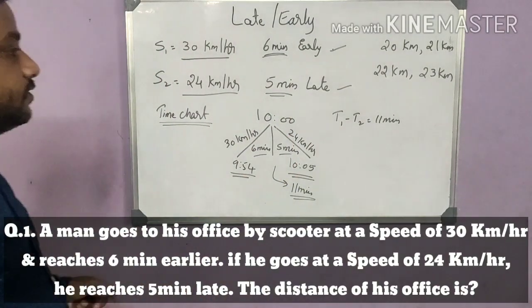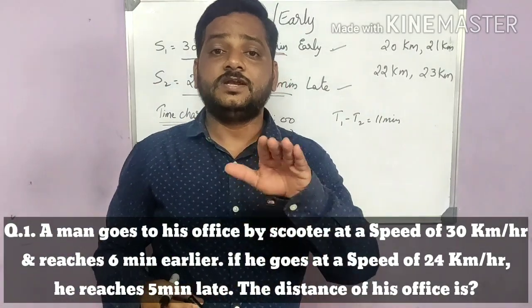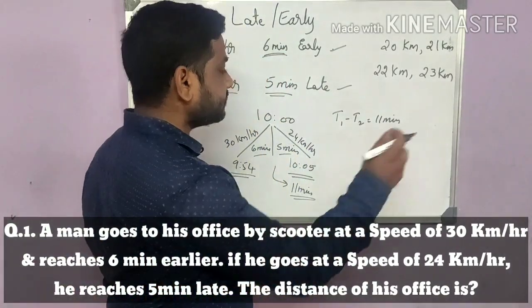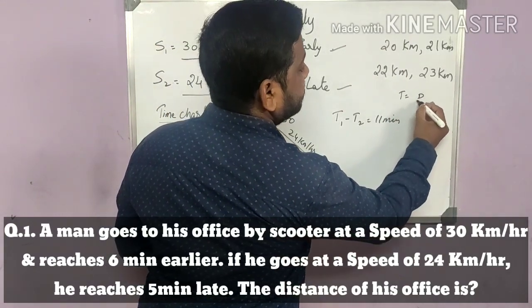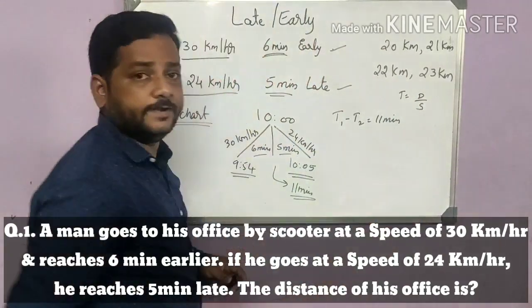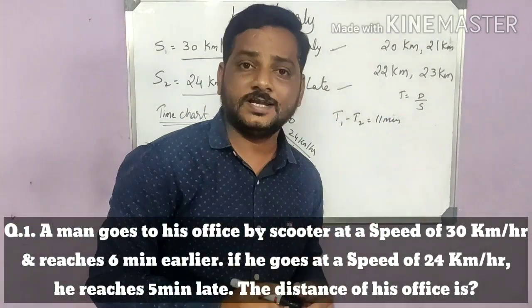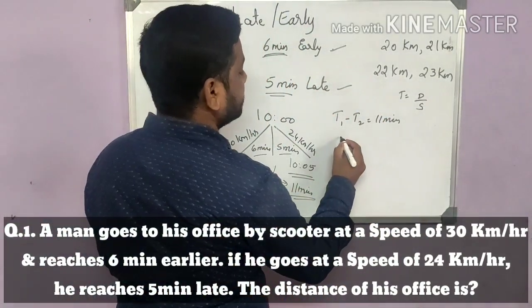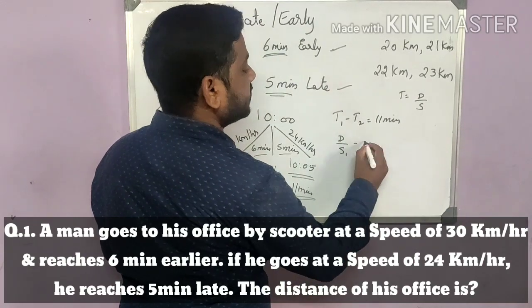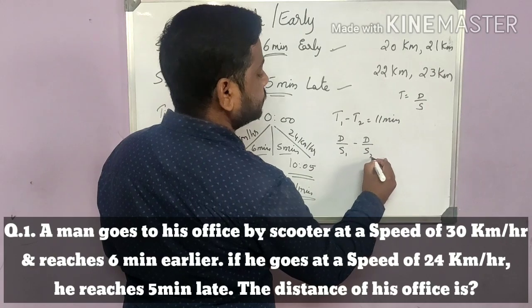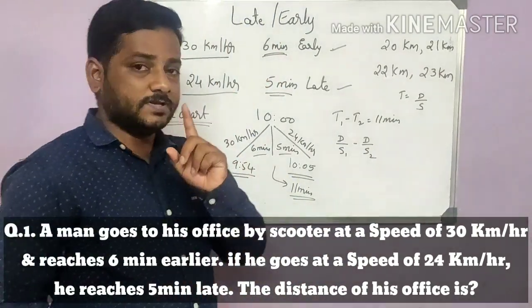So what is that? We know the relation between speed, distance and time. We know that T is equal to distance traveled divided by speed. We know this relation. So now T1 I can write as D by S1, minus T2, which I can take as D by S2. Here we need to concentrate on one important thing.